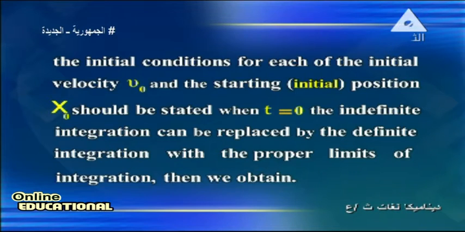Then we obtain integration of dv from v naught to v equals integration of a dt from 0 to t. Integration of dv is v from v naught to v, and on the right hand side, integration of a dt from 0 to t. On the left hand side we replace v by v minus v naught. Then v minus v naught equals integration of a dt from 0 to t.